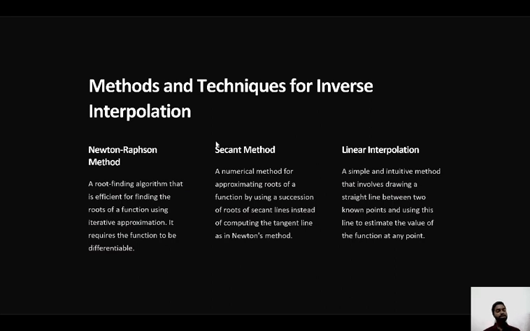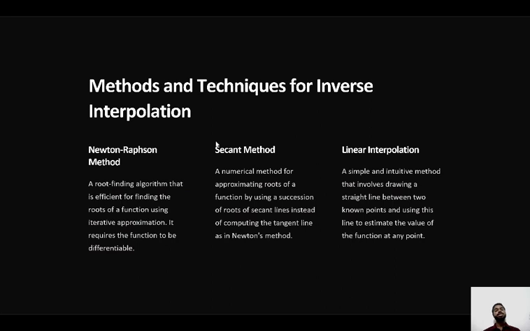It requires the function to be differentiable. It's basically a root finding algorithm which is efficient and also helps us in finding the roots of a function using iterative approximation. By this way, we are going to find the answer by using Newton-Raphson method.